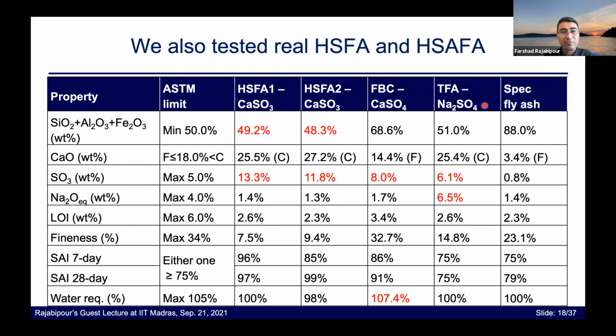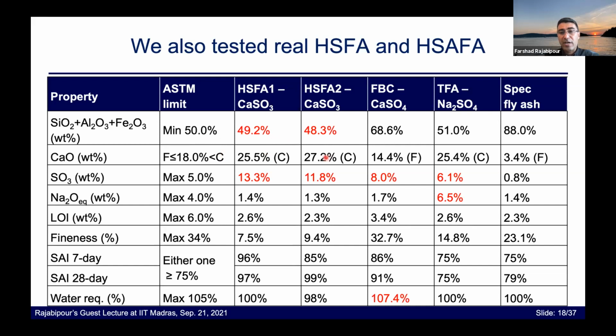The table shows different properties of these fly ashes: the sum of silicon, aluminum, iron oxide, calcium oxide, sulfur, and so on. The red shows the areas where the ASTM limits were violated. You can see for the sum of oxides, the HSFAs are slightly below the 50% limit.